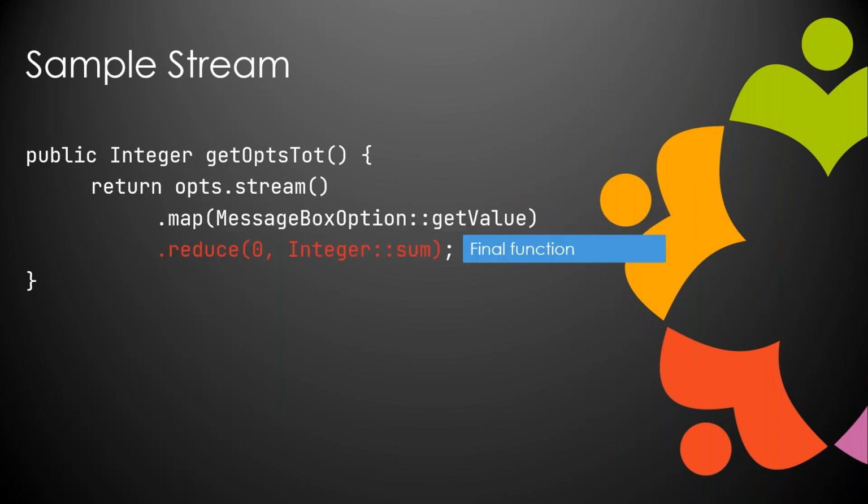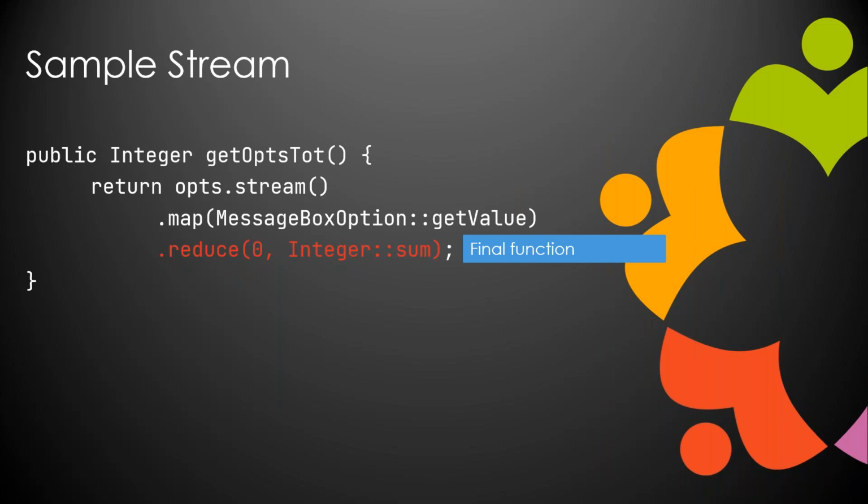And then we're doing a reduce. That's our final function. And that takes 2 parameters. The first is the initial value that we want to start from. So obviously we're totaling them, we want to total from 0. And then the function to process with each element.